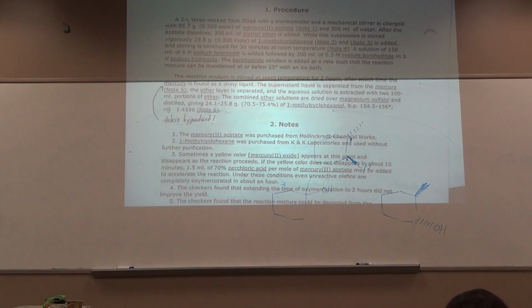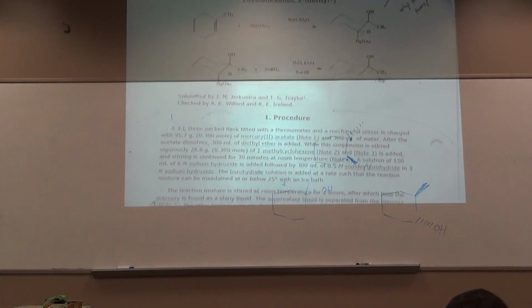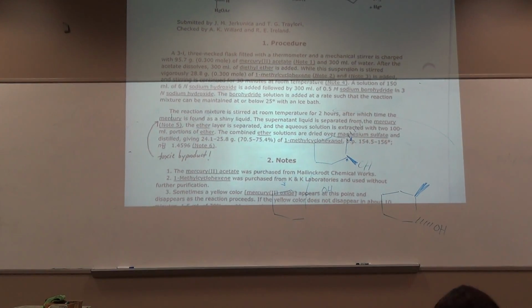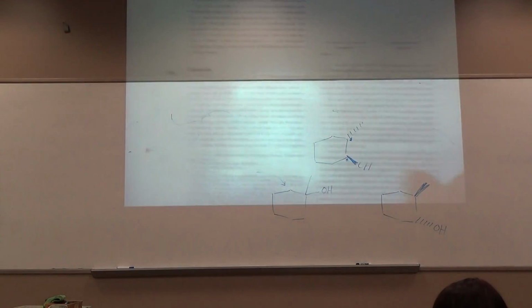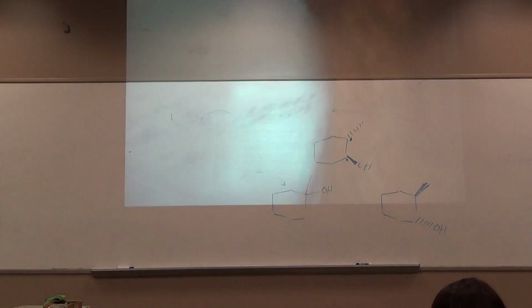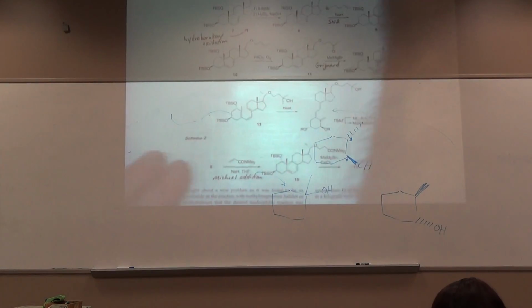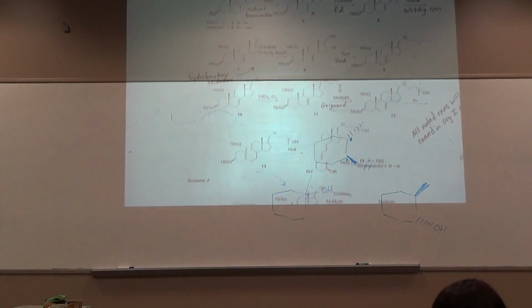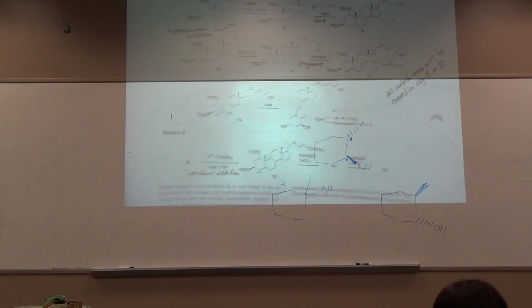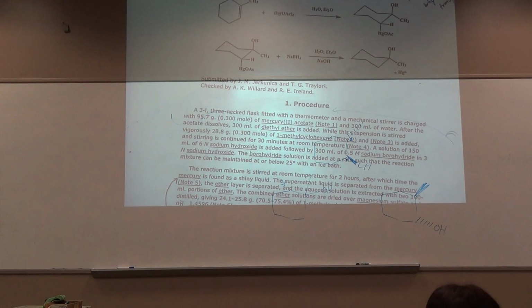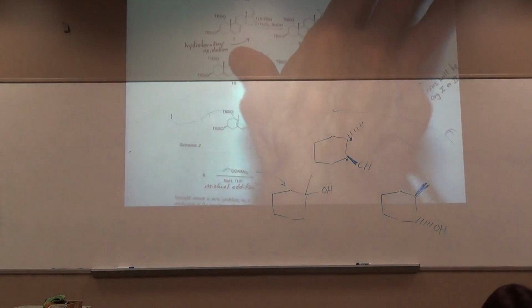There's a couple of miscellaneous things here. There's an oxymercuration sort of procedure if you want to read about it. This page here is a synthesis of a potential drug compound.